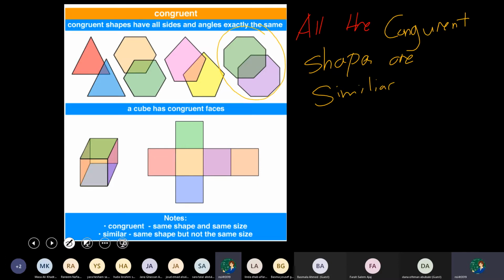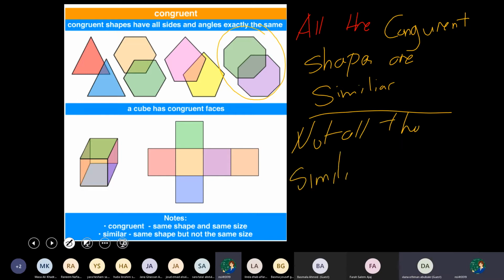Are they similar? No. Why no? They don't have the same shape? Yes. So all the congruent shapes are similar, but not all the similar shapes are congruent.